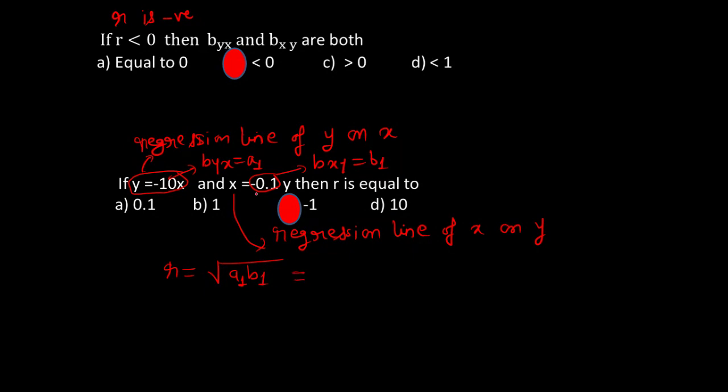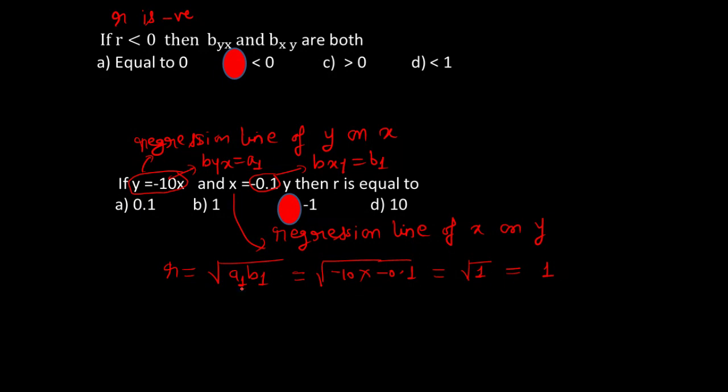So here I will have directly the value of a1 is minus 10, and the value of b1 is minus 0.1. Now if I simplify, minus 10 into minus 0.1, how much will I get? I will get plus 1, and under root of 1 is 1.